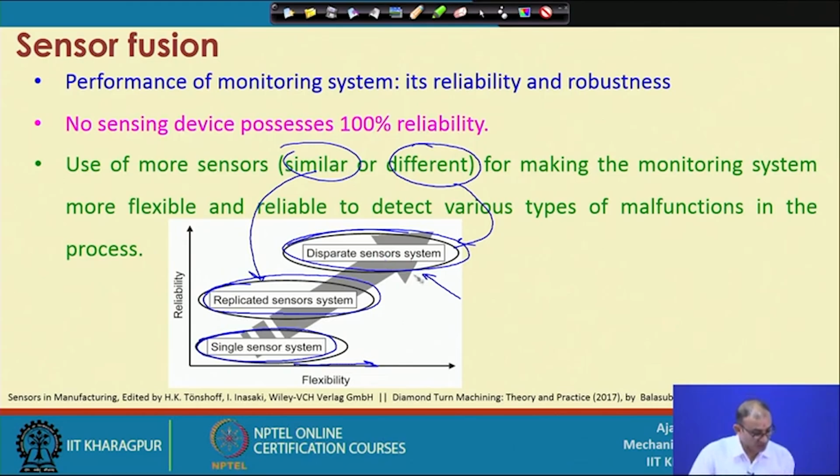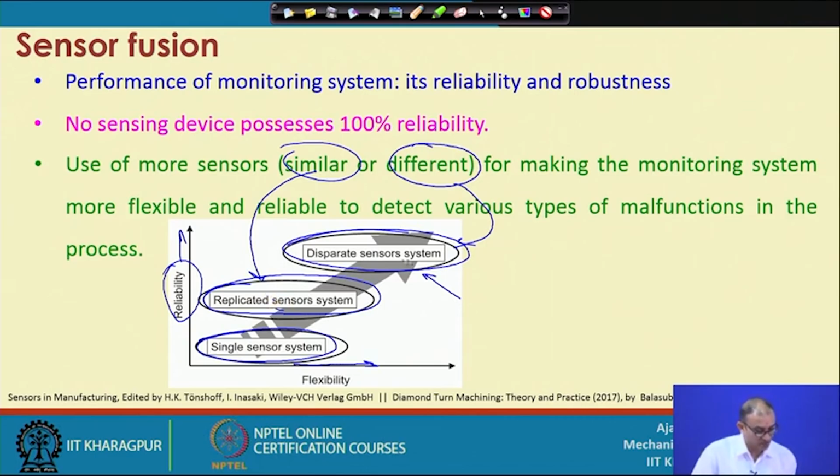Now, if you use different sensors for measurement of the same quantity, then you are actually increasing the reliability of the measurement. We know that if one particular measurement principle is not fitting a particular system, then using a single sensor or multiple sensors with a similar configuration will not make much difference.